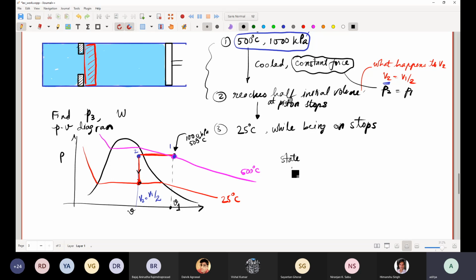State 1: the pressure is 1000 kPa, the temperature is 500 degrees Celsius. So let us find out the specific volume. We will quickly do it with EES first, and then we'll do it with the help of the tables as well.